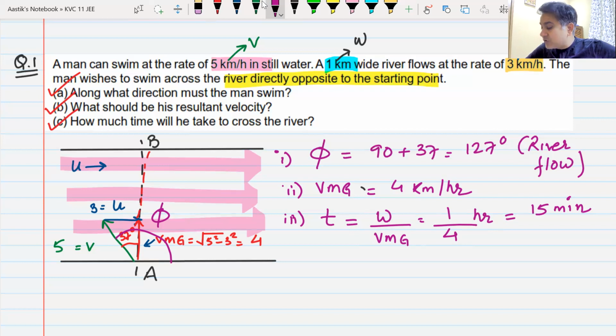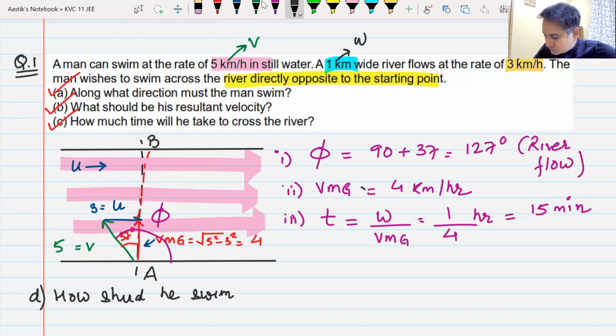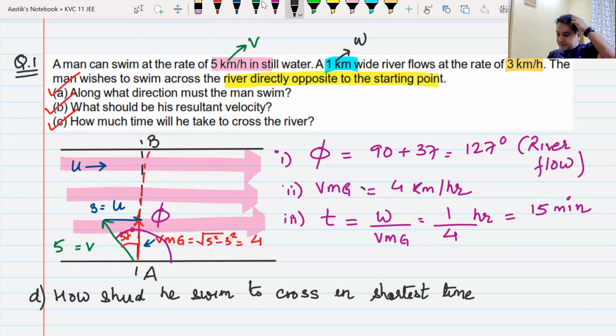I add one more question here. Question number D. How should he swim to cross the river in the shortest time?